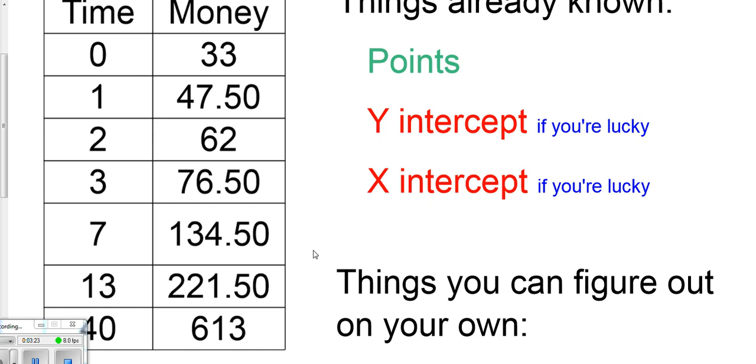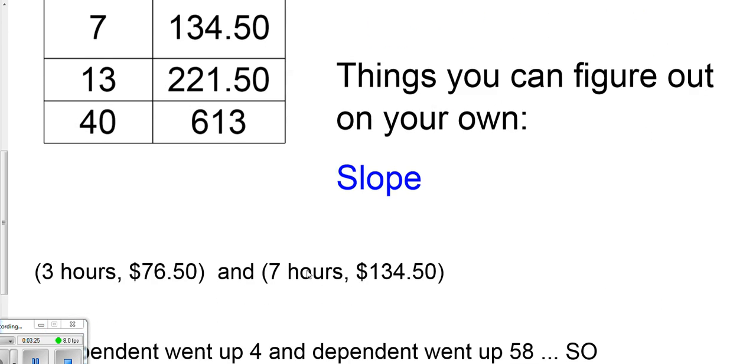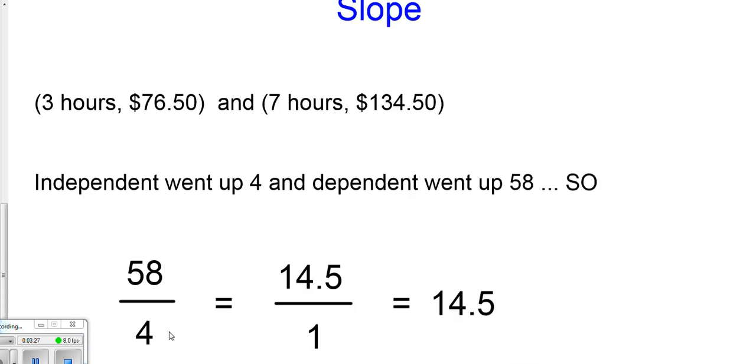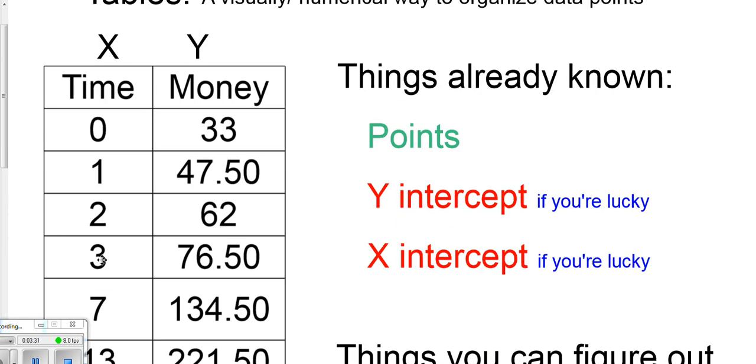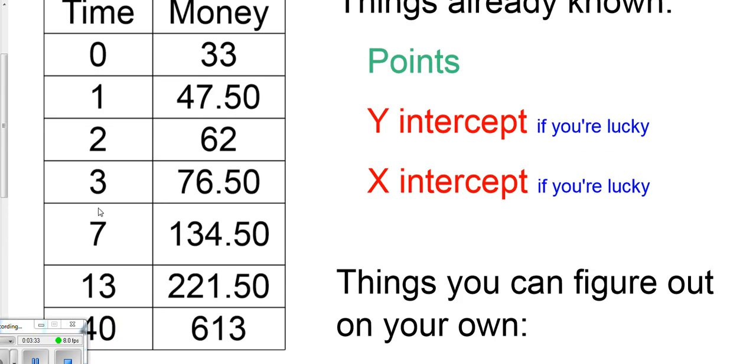One thing to note, though, we're looking for the change. 58 and 4 were the change. Notice there wouldn't be a spot where my x is 4 and my y is 58, because of that extra constant, we don't have 4, 58.